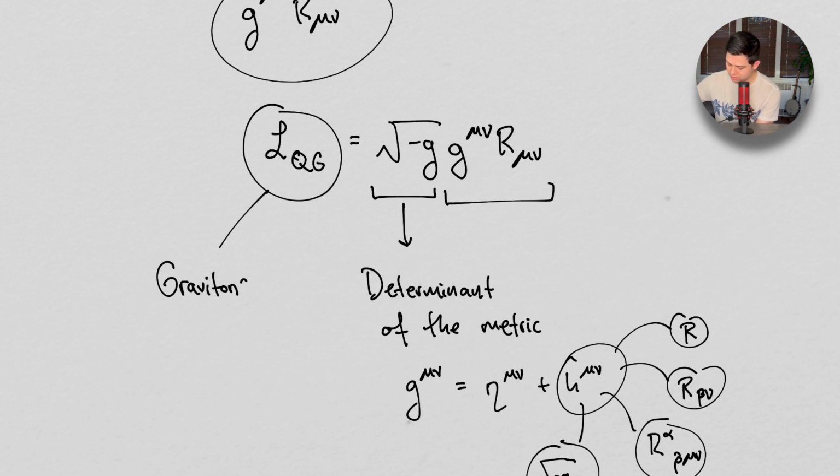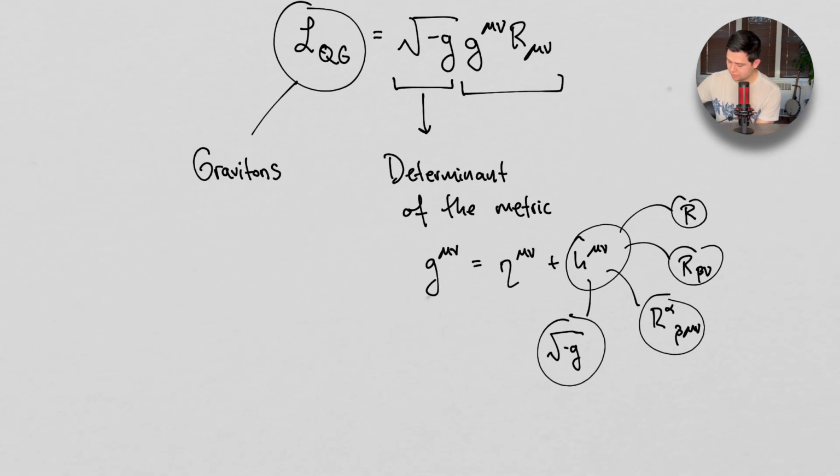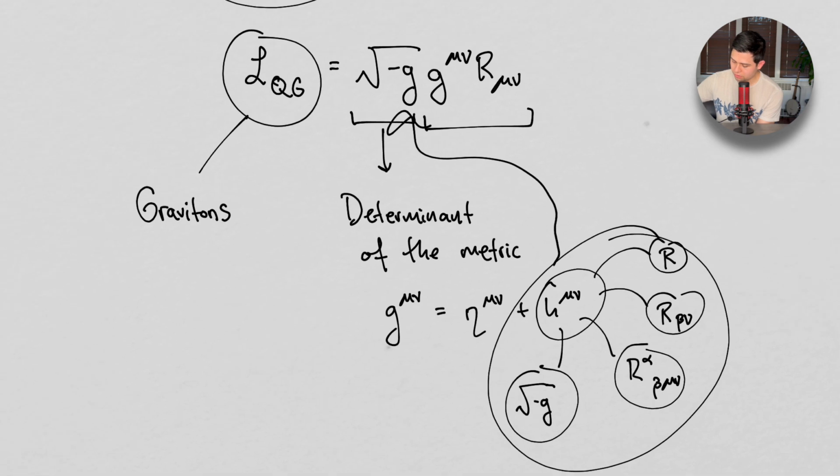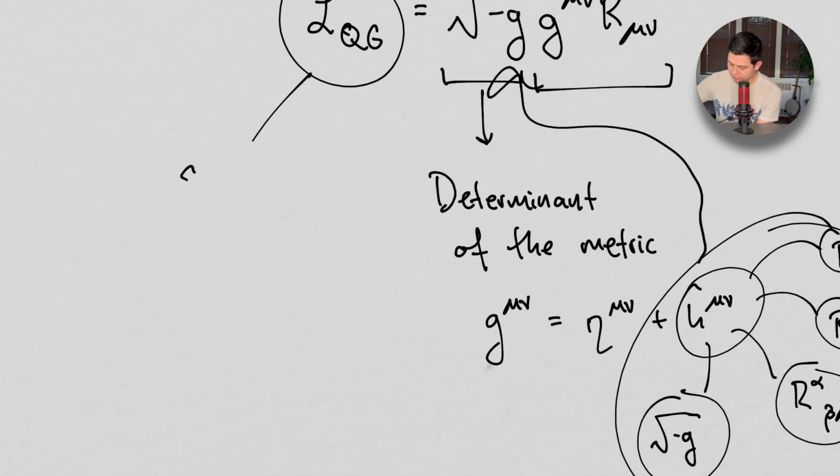What that means is that when we plug all of this in to here, we'll find out that the quantum gravity Lagrangian is going to have some spin.